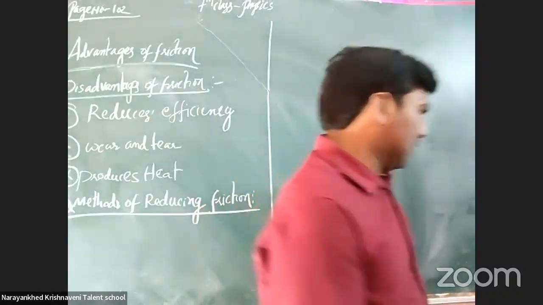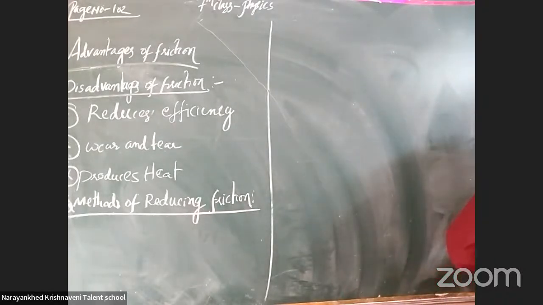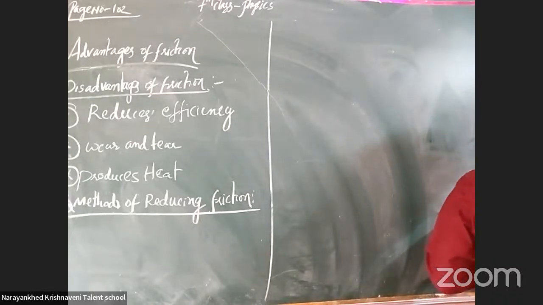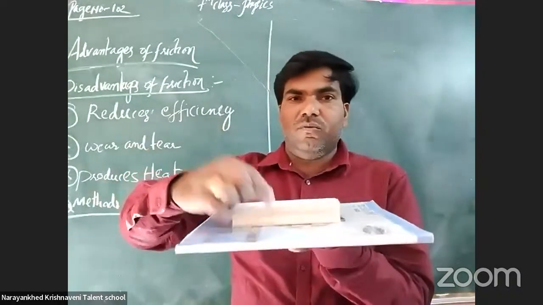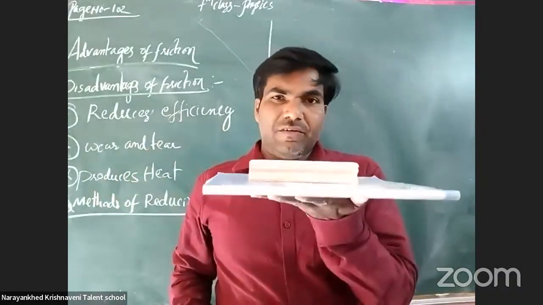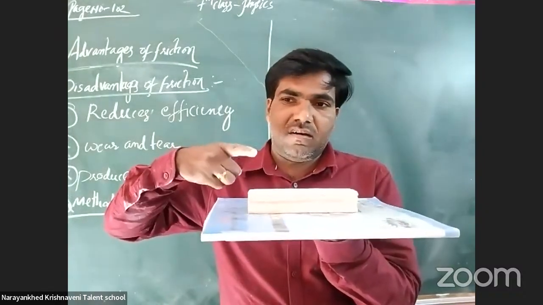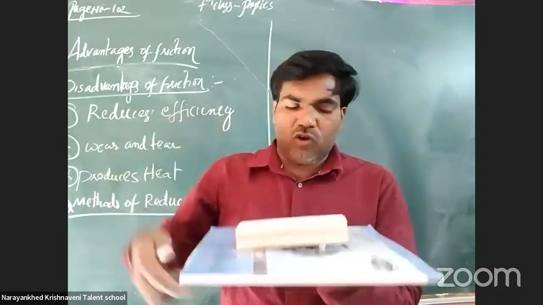Suppose, one second, here in our class it is possible to observe. Now the duster is moving on our textbook. Is it possible to move? No. Why? Because friction is there. Suppose I take it on these chalk pieces.